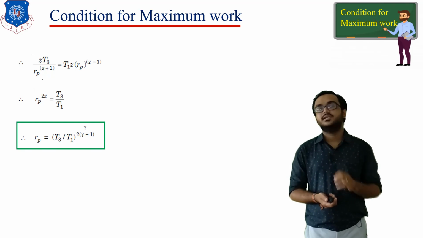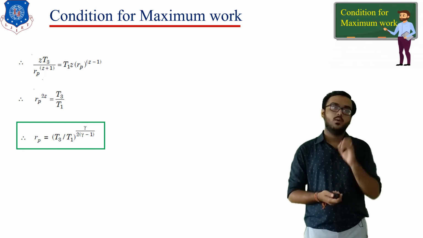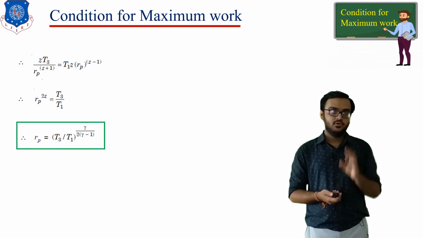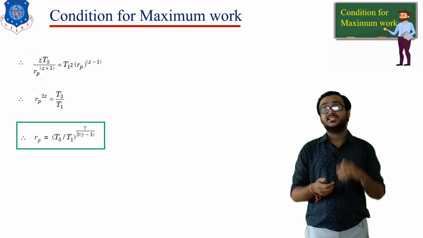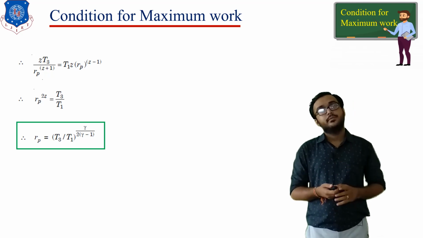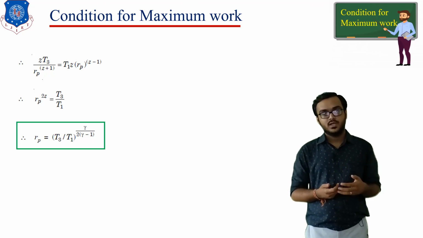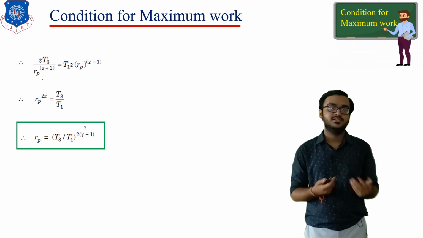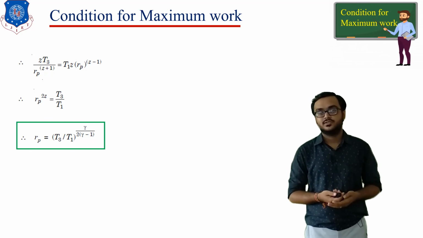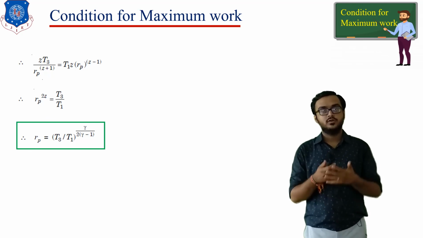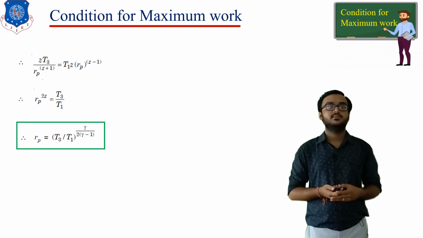So this is the condition for the maximum work done. If you maintain the pressure ratio equivalent to this, then we will get the maximum work done from the cycle, and obviously the efficiency is going to be improved.